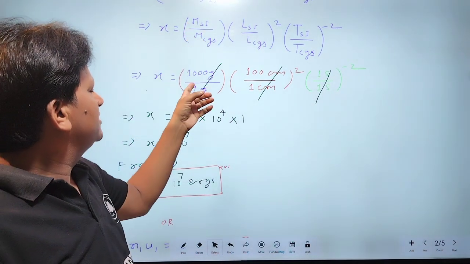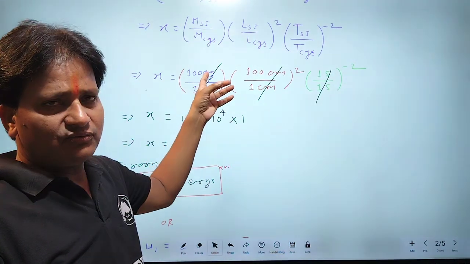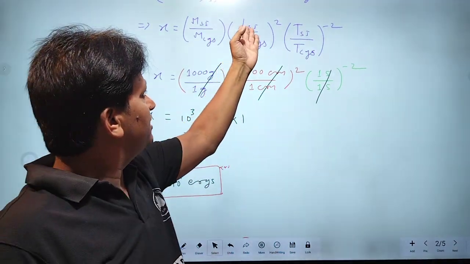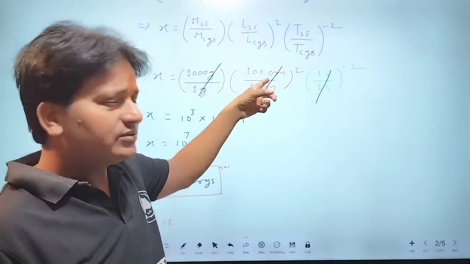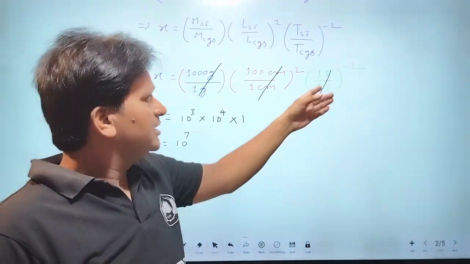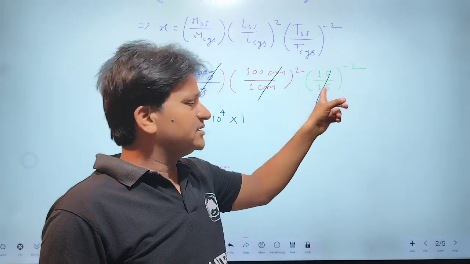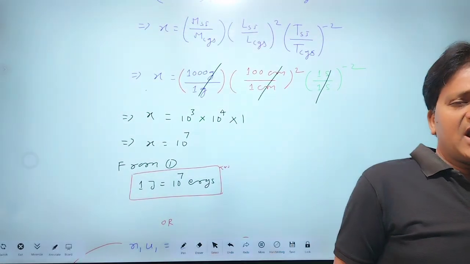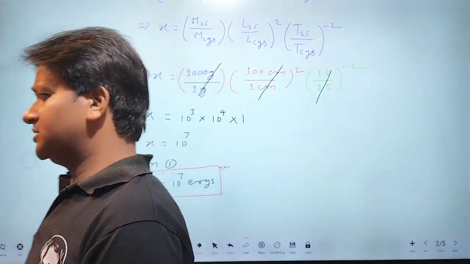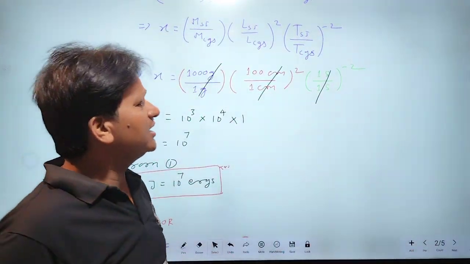This is 1 kg, therefore this will be equal to 1000 gram. Here it is 1 meter and this will be equal to 100 centimeter. And this is second, because the unit of time in both CGS and SI is the same.